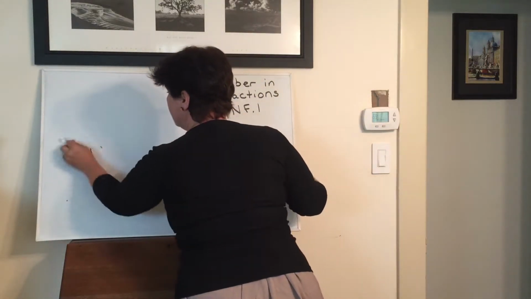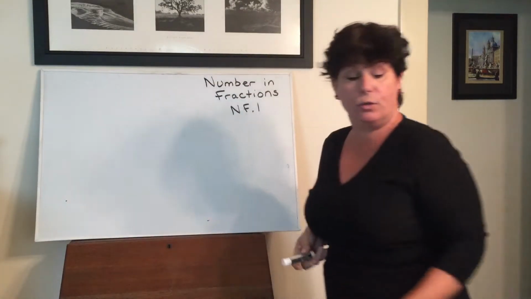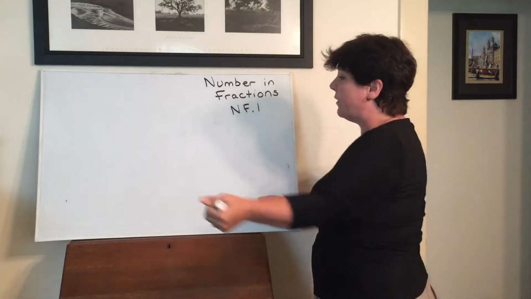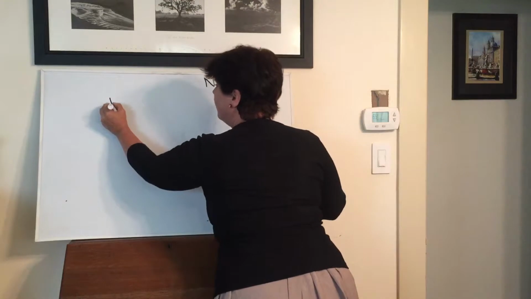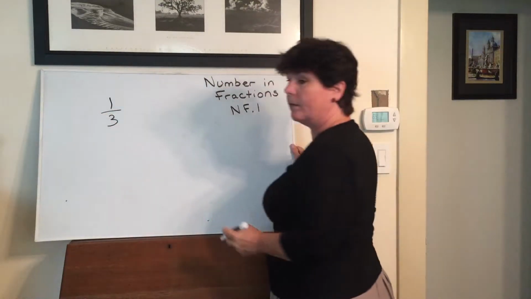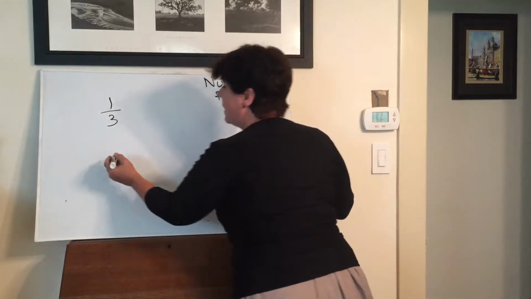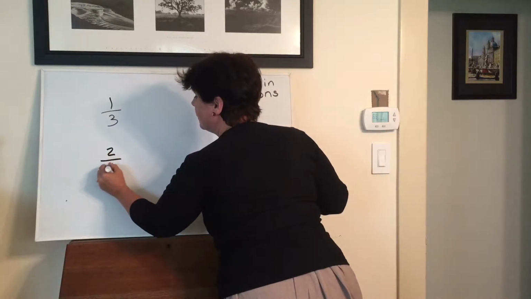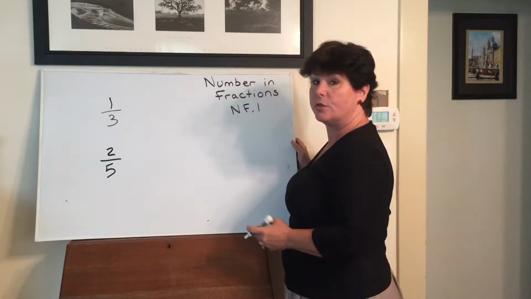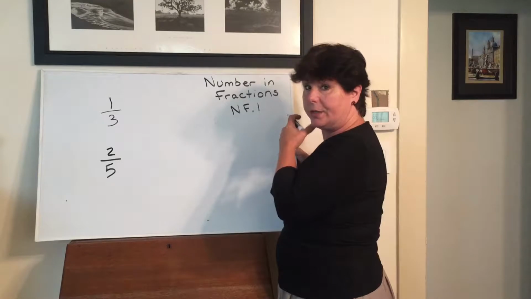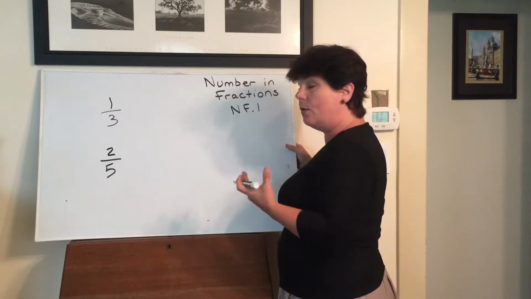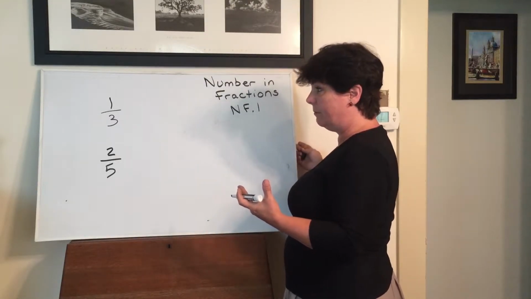So the first thing you do is you ask them to give you two very simple fractions. So the first fraction I might ask for is 1/3. And another simple one, let's say 2/5. So as you can see, I've already put them vertically. The next thing I always ask the students to do is draw a picture of them.